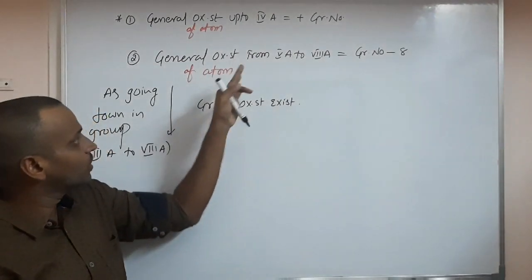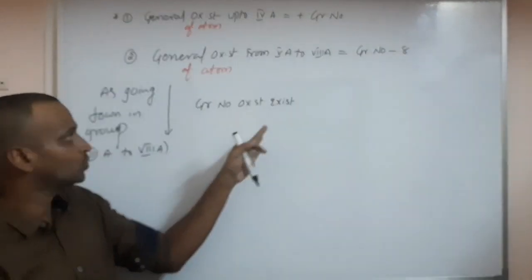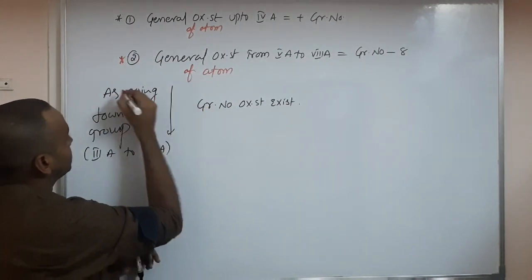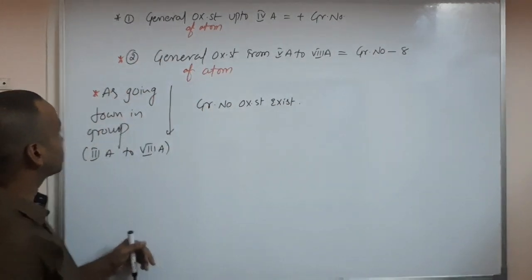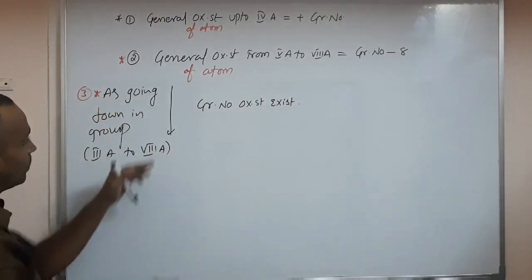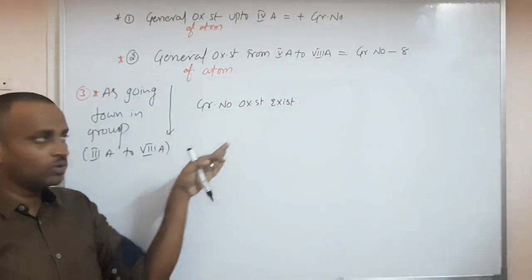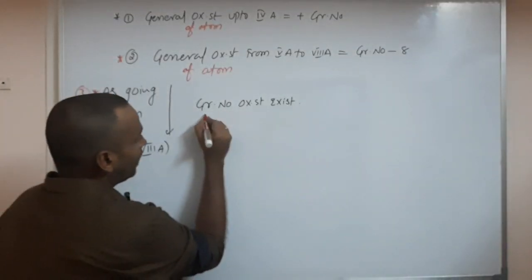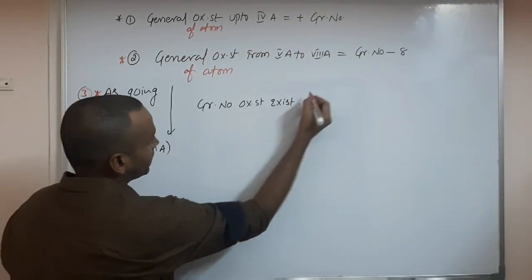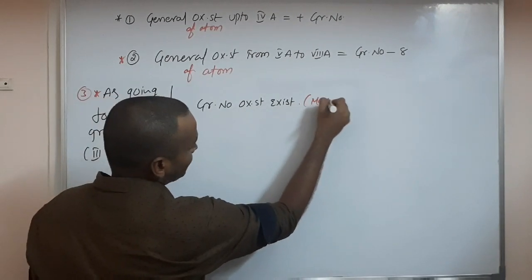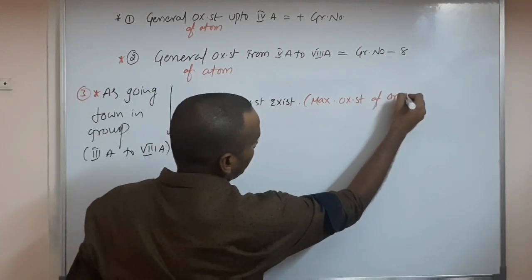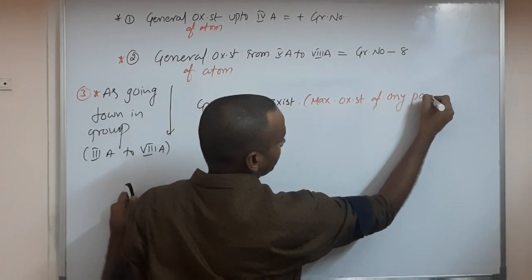So, if you remember these two, this is the general oxidation state, and this is the third one, as going down what happened. As going down, group number oxidation state exists, and group number oxidation state is the maximum oxidation state of any particular atom.